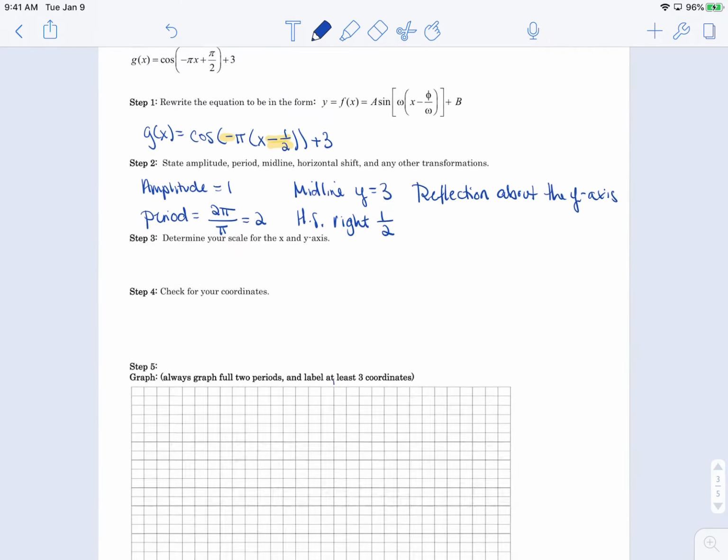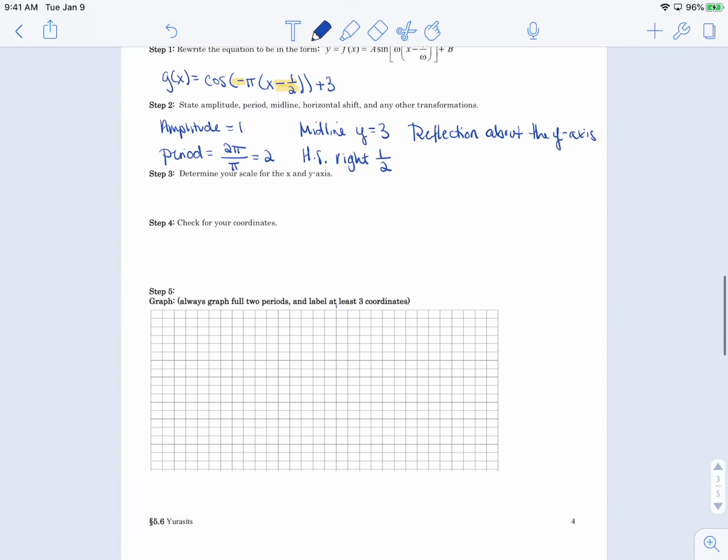I'm going to make this a little bit smaller so I can actually see my equation. I'm going to give myself a scale. Since I know my amplitude is 1 and I have a midline of 3, I know I don't need a lot of negatives, so I'm going to do this so I can get a better view. Remember all these things, amplitude being 1, period 2, midline y equals 3, right 1/2, all of those things help me decide on my scale.